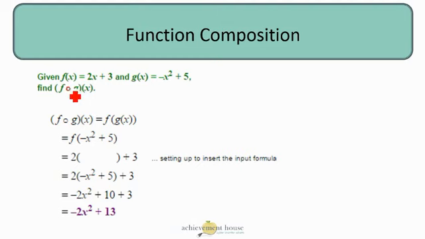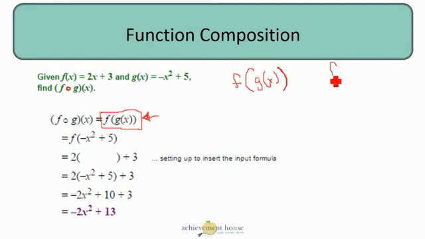So this means function composition, and that can be written like this. I think they're both correct ways to write it. I think this is the better way to visualize it. So what it's saying is f of g of x.